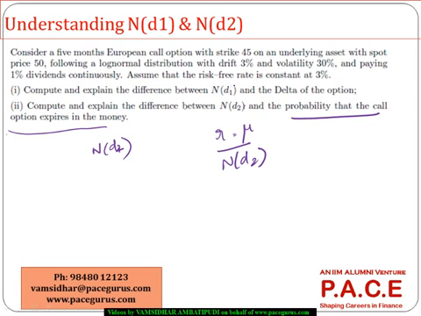Similarly, when I say ND1 is the same as delta, the underlying assumption is that the underlying asset is not going to give any kind of dividend during that option expiry period. This is what we need to understand before we directly use ND1 as a representation of delta and ND2 as a representation of the probability of the call option expiring in the money.